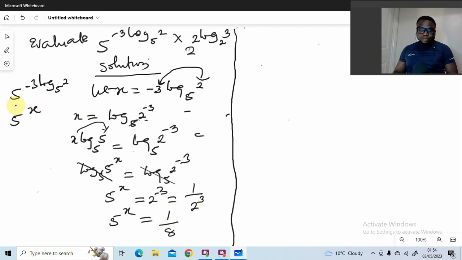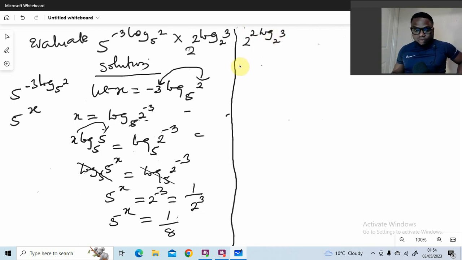Remember, the whole of the first expression, when we replace minus 3 log 5 exponent 2 with x, is 5 exponent x. And we got 5 exponent x as 1 over 8, meaning the whole of this becomes 1 over 8. So I'll do the same here. Bringing out this, it is 2 exponent 2 log 2 exponent 3.